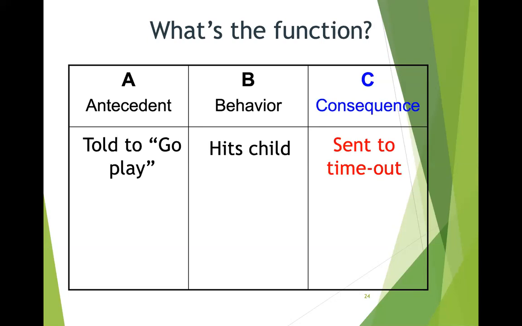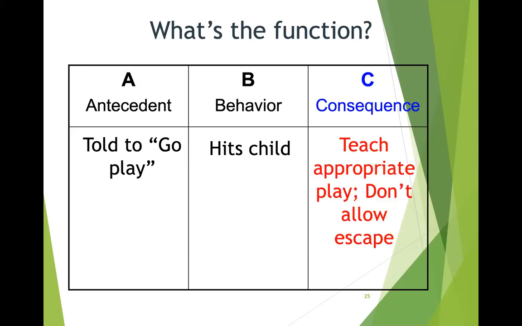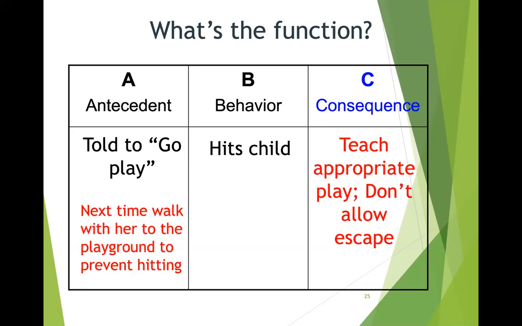So this is an example where you can't modify the antecedent. It's a skill that needs to be learned. So again, teaching appropriate play, not allowing escape, and walking out with her to the playground to prevent that hitting is how we can modify this area.